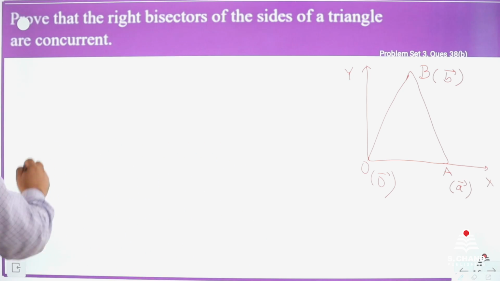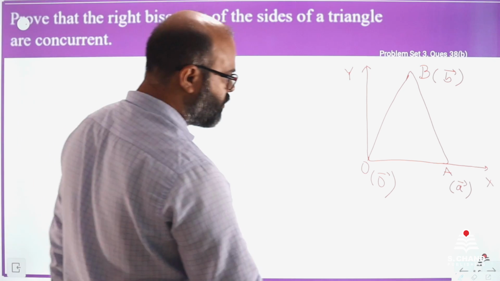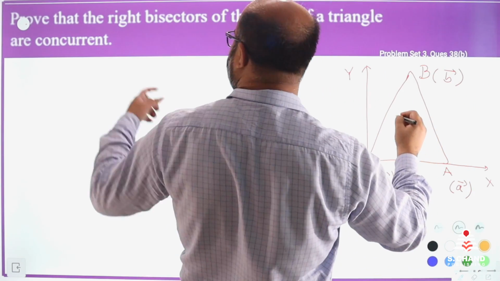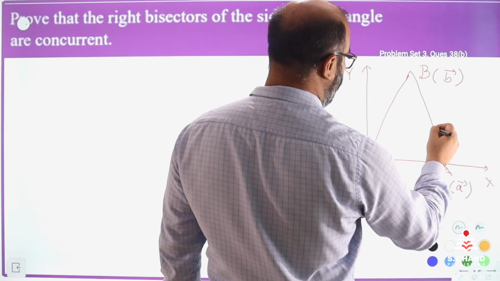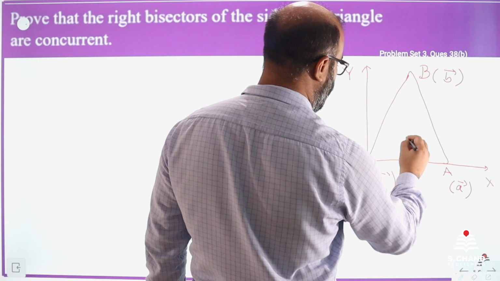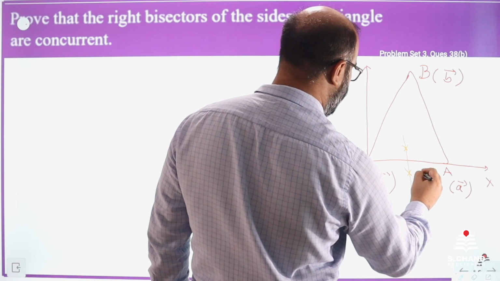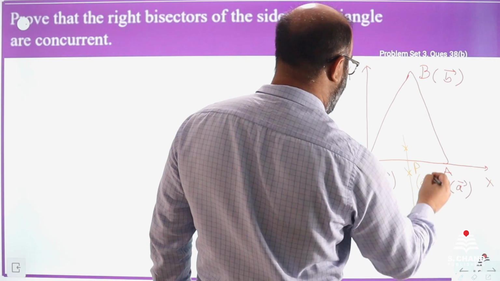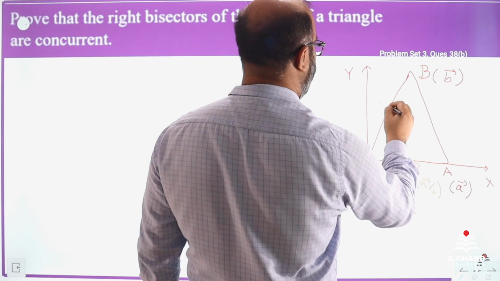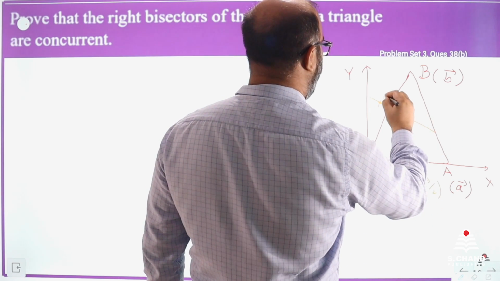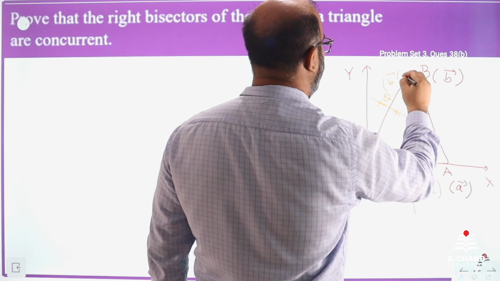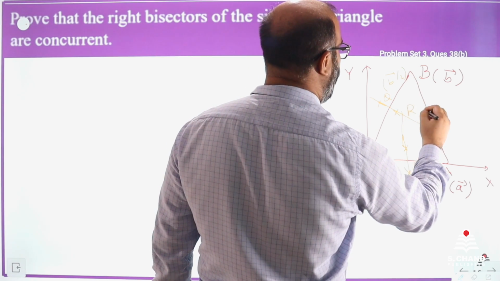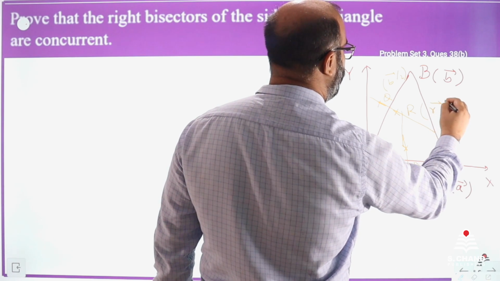Now we take the midpoints, because we have the right bisectors. The midpoint is P, A by 2, and this right bisector, then we have Q, B by 2. Let us suppose they intersect at R, which is the position vector R.